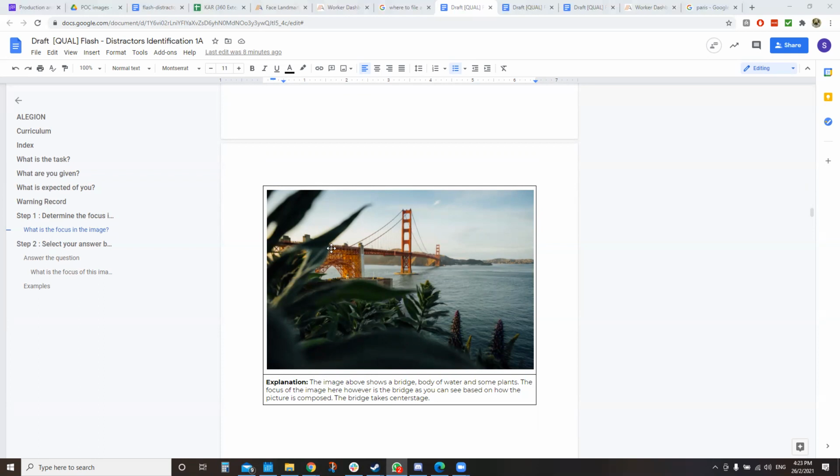Would you annotate, would you remove all the plants? You would not. You probably would just remove certain plants from this image, because by just removing the plants, you might take away the entire picture here. So again, this is the kind of difficult images that we have.